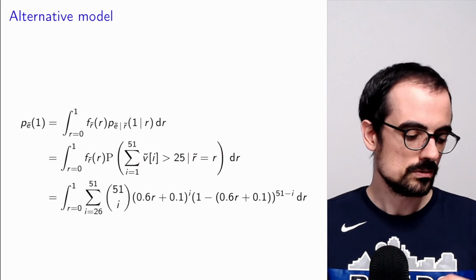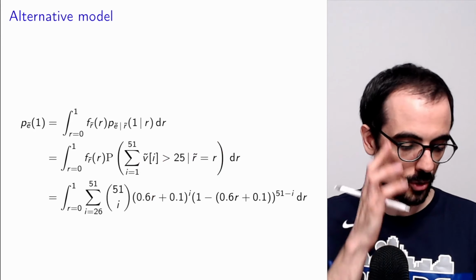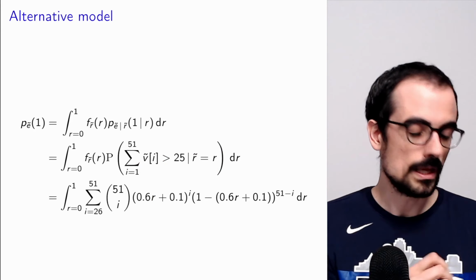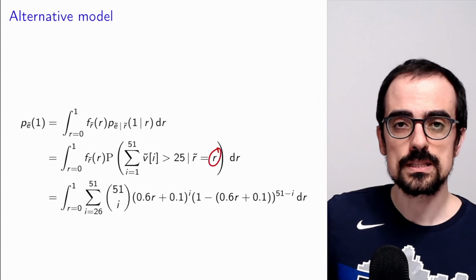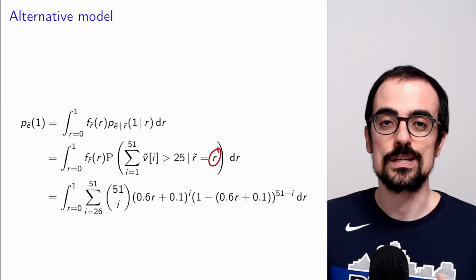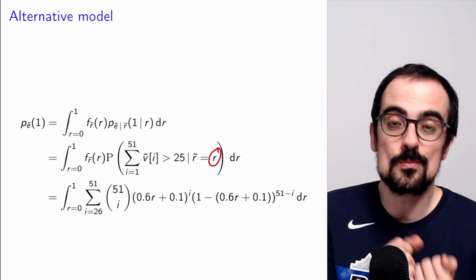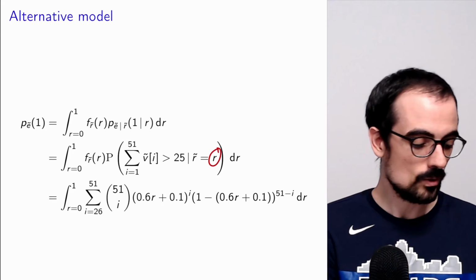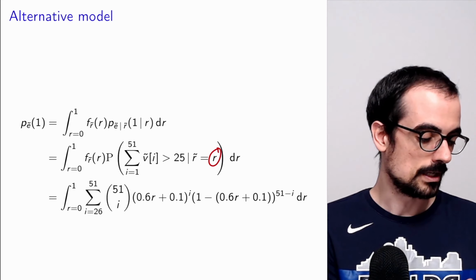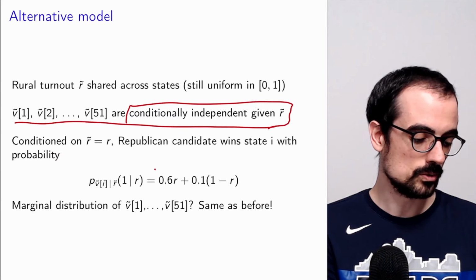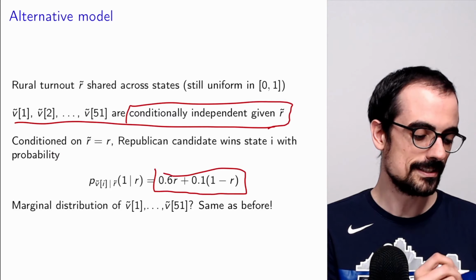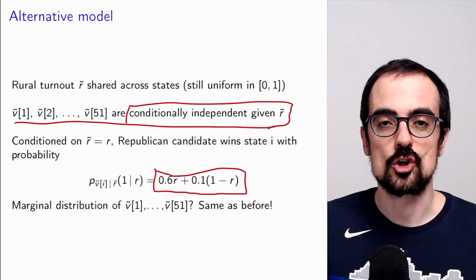Okay, so, maybe I'll just show you. Conditionally on the turnout, what's the probability that the Republican candidate wins a certain number of states? It's just a binomial with a parameter equal to, maybe I should have kept this here, the probability of winning each state conditioned on R.